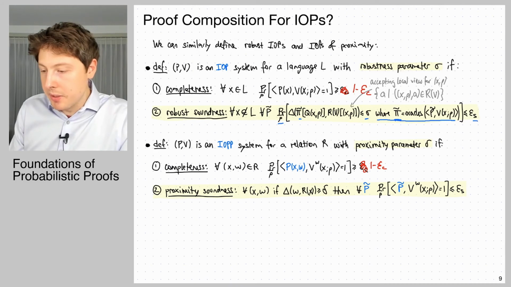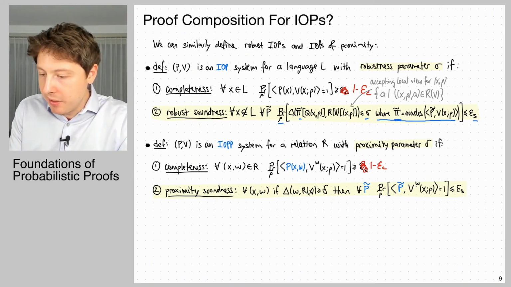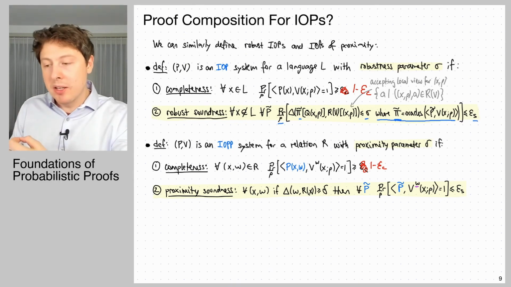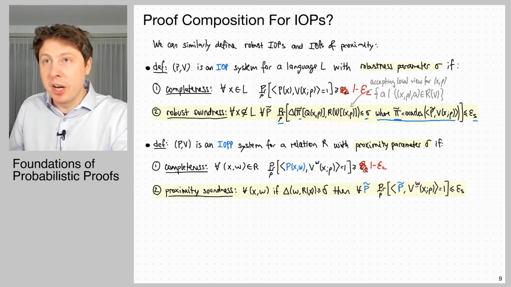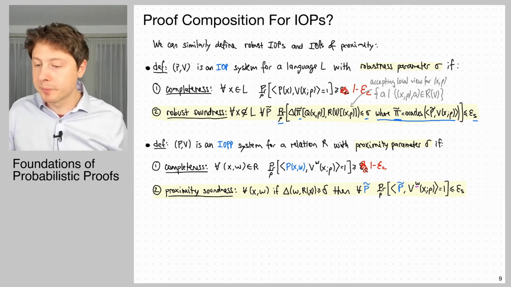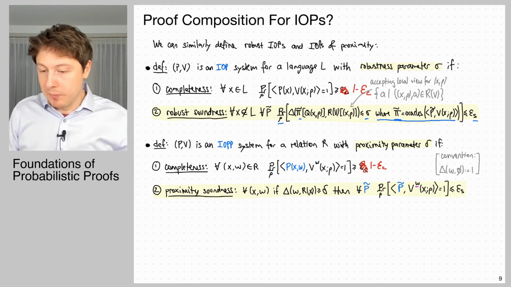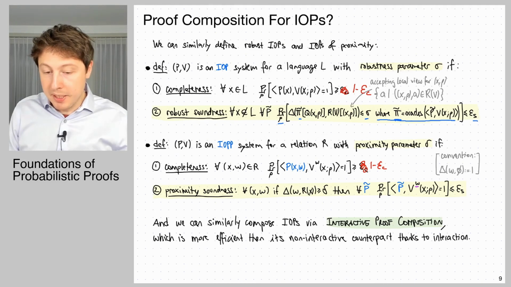And for proximity soundness, just like before, I make explicit the fact that I have a particular witness to talk about, that W, and all of the other oracles are whatever I'm exchanging during the interaction. We have the same convention, and that's it.